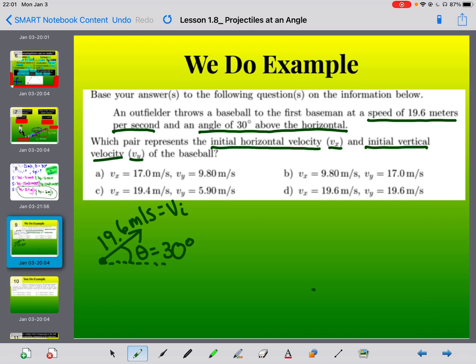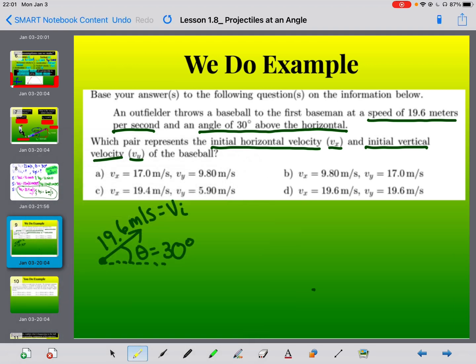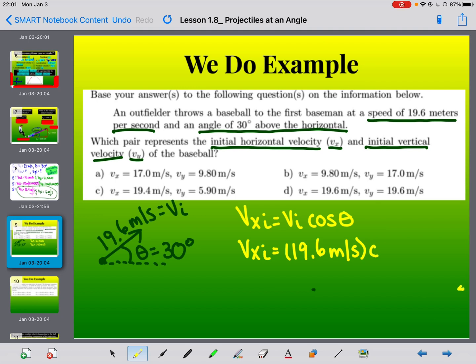Just like before, we're going to use our handy-dandy formulas. If we do the horizontal first, Vxi equals Vi cosine theta. So Vxi equals 19.6 meters per second times cosine of 30.